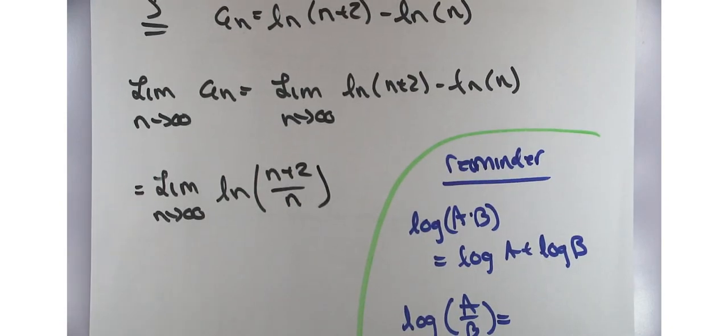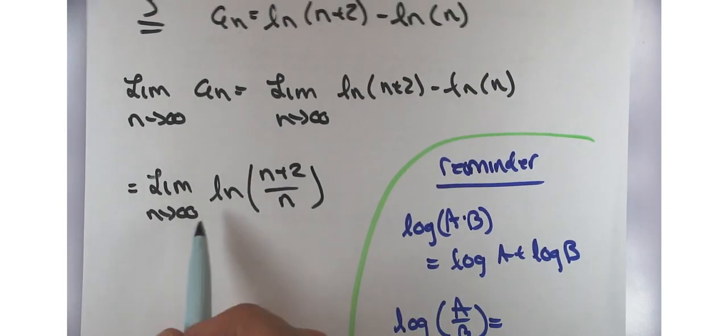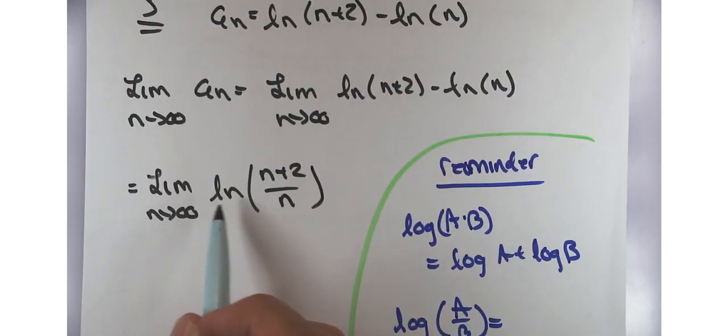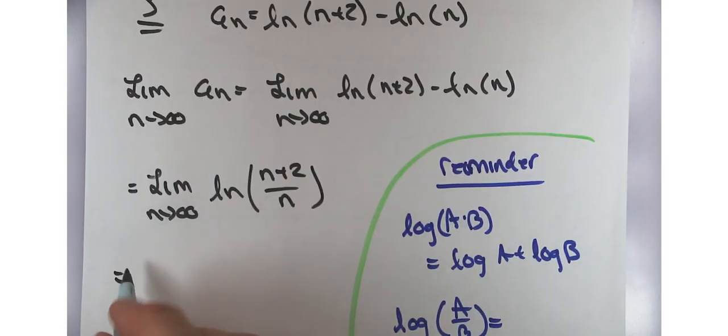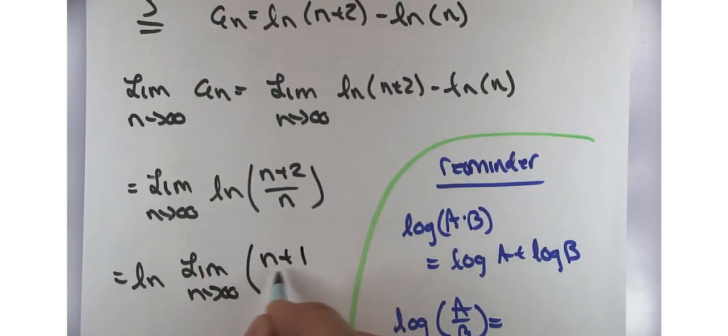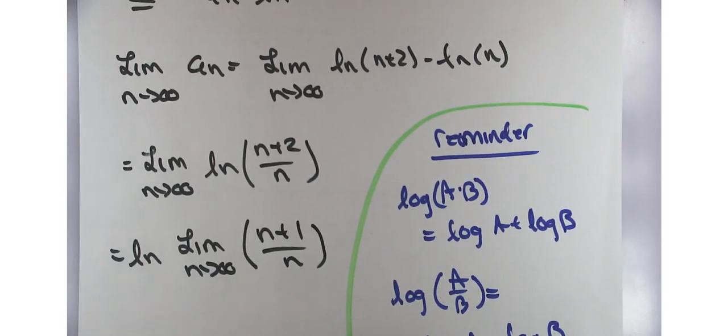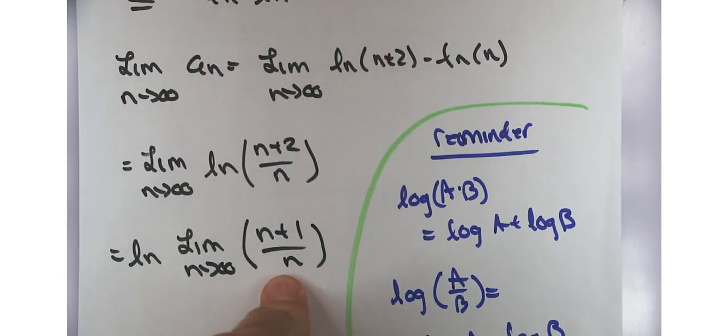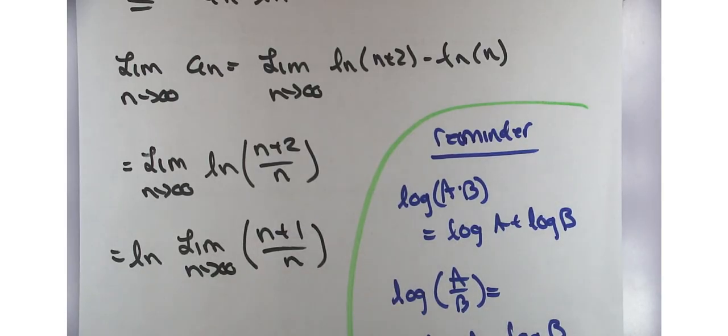And the nice thing is that because this is a nice continuous function, I can reorder these terms. I can take the limit inside: the log of the limit as n approaches infinity of n plus 2 over n. Can someone tell me what that limit is? Cameron? Should it be e?